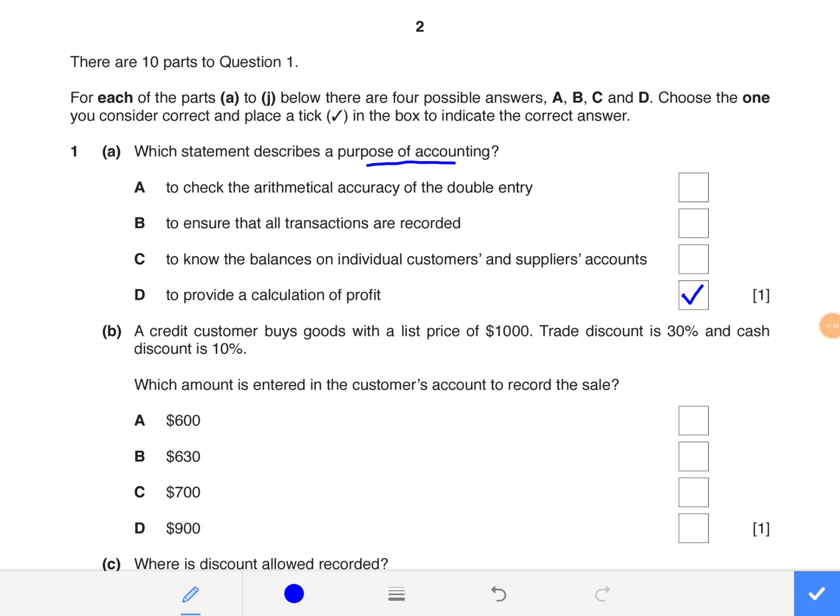Why? Because first of all, these two are the purpose of a trial balance. Meanwhile, to know the balances on the individual customers and suppliers accounts, that is the purpose of the purchase ledger and sales ledger.